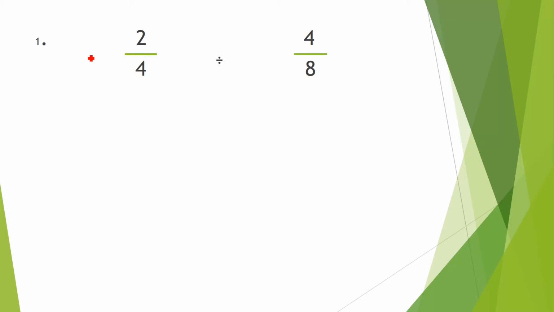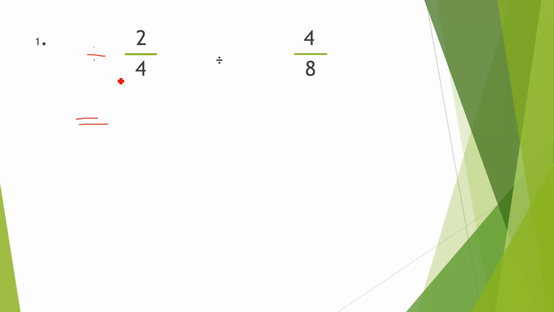This line represents division. This is the division sign, or division line. 2 over 4 divided by 4 over 8. How to simplify it, how to divide these fractions, right? So we will start.